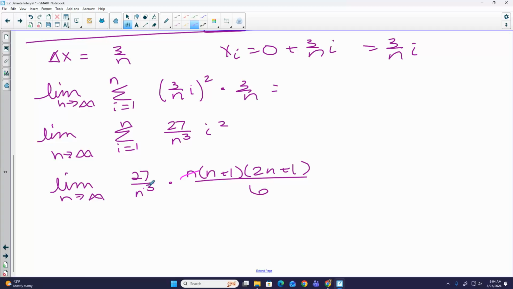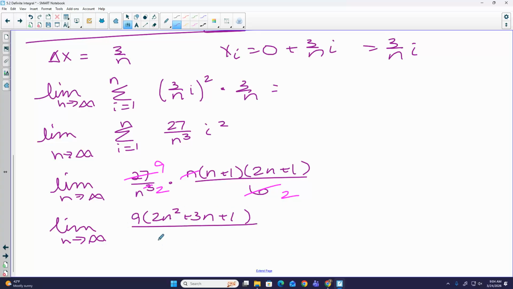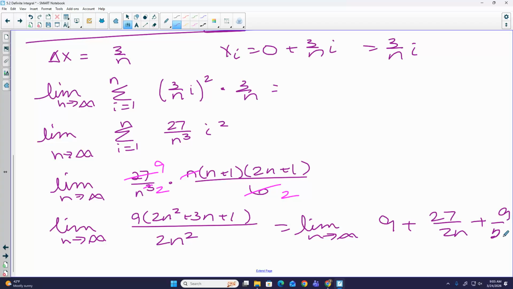Reduce. So if I work that all out, I get 9 plus 27 over 2n plus 9 over 2n squared, and as the limit goes to infinity, we just get 9. Same answer, but which way's faster? Definitely the first one. Way, way faster.